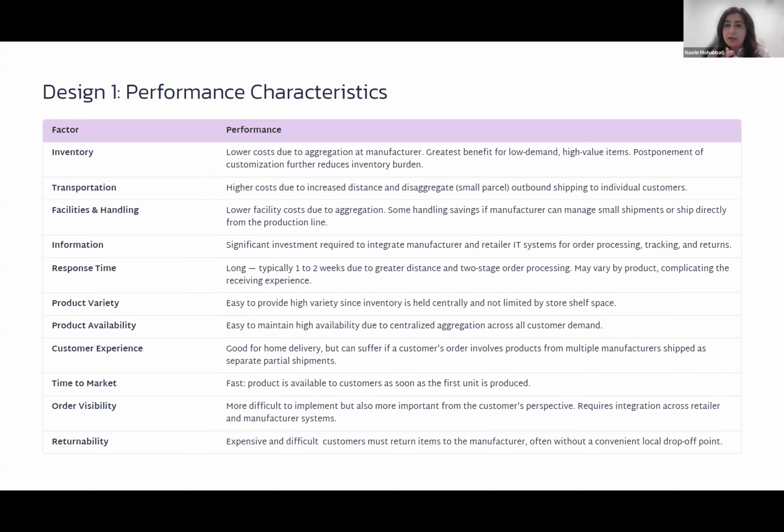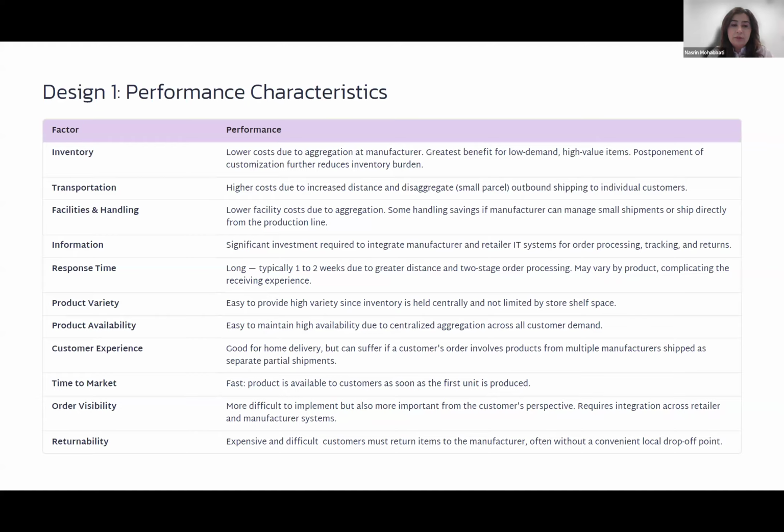Maybe manufacture new trendy products or just customize the existing product. So they have this direct information and they can implement it in their product.